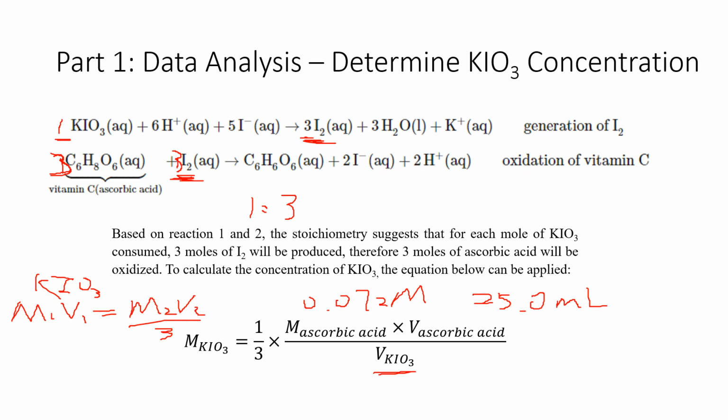So here we have the M2V2, and they have divided by 3 here. If we move the M1 to this side, which is the volume of the potassium iodate consumed, we can calculate the molar concentration of the potassium iodate.